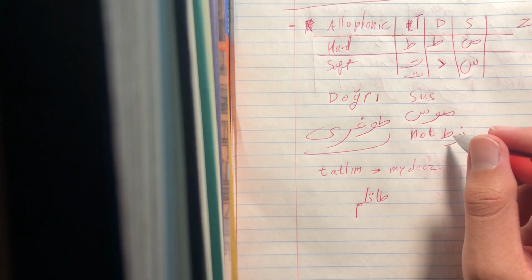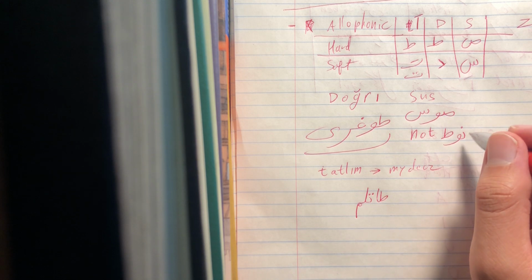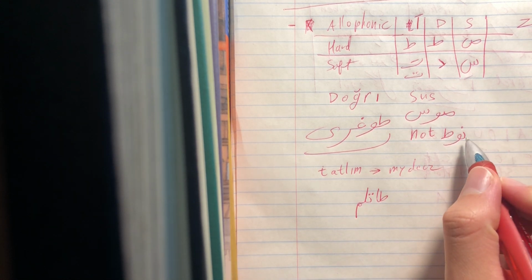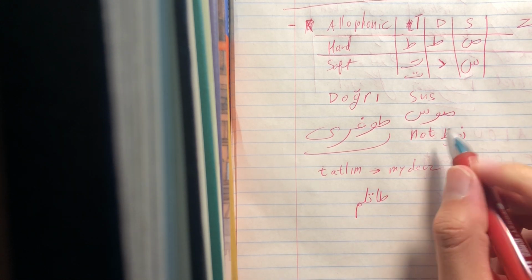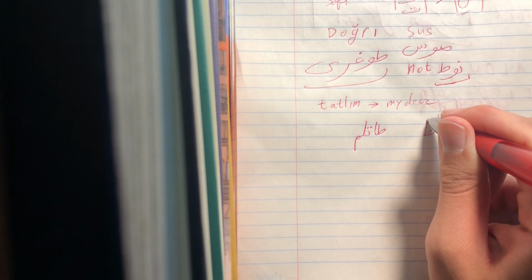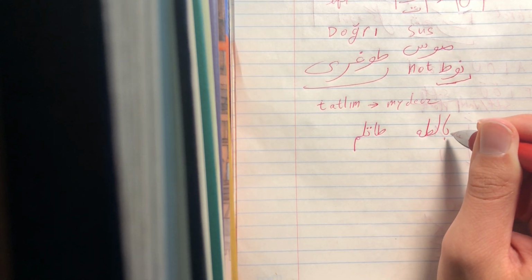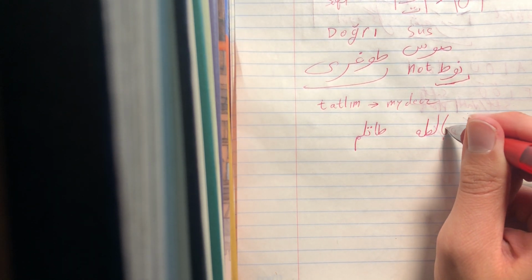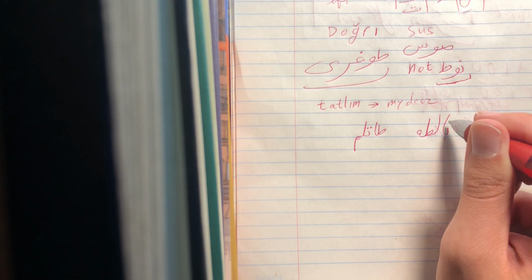I wouldn't encourage any new learners or readers to take a look at this word and draw conclusions on spelling rules based on these types of words. You also have the word balta. That's a B, by the way. B, elif, lam, t, he. Balta. This is an exception.